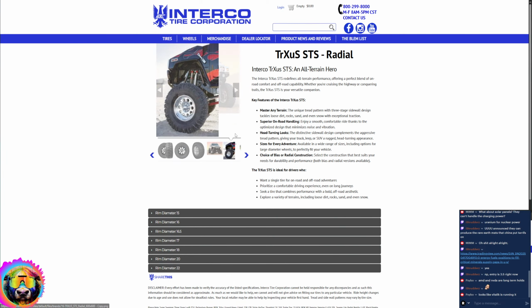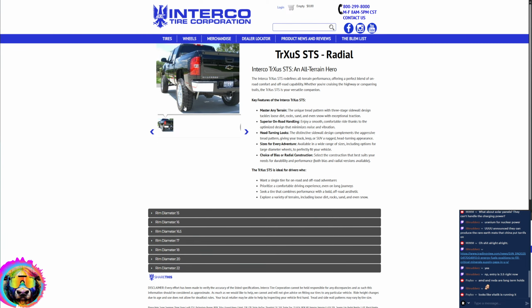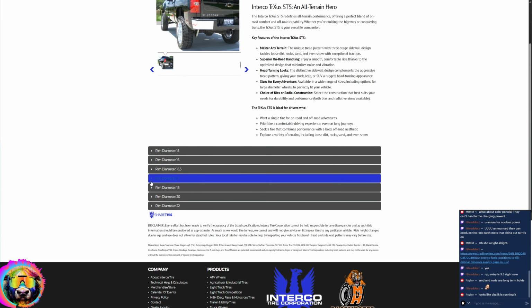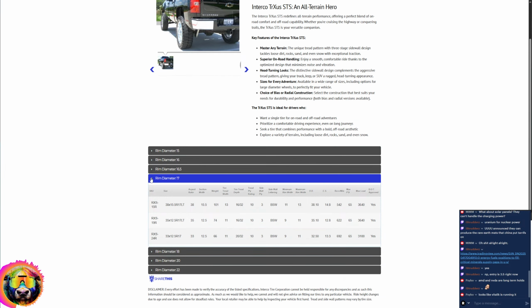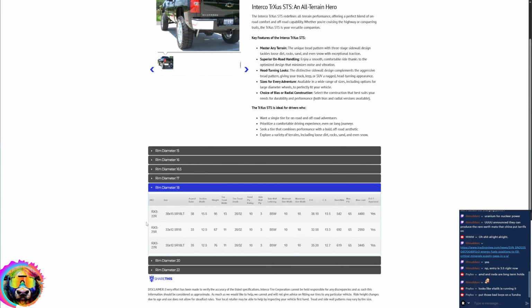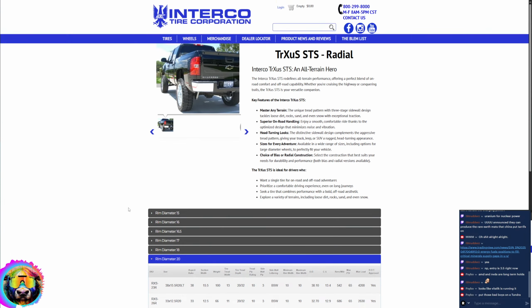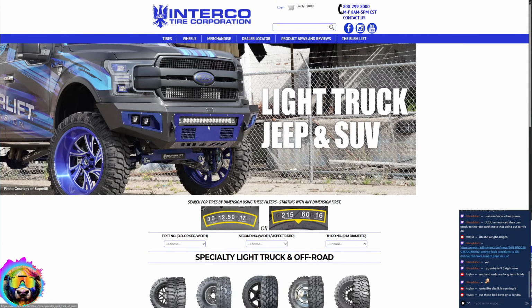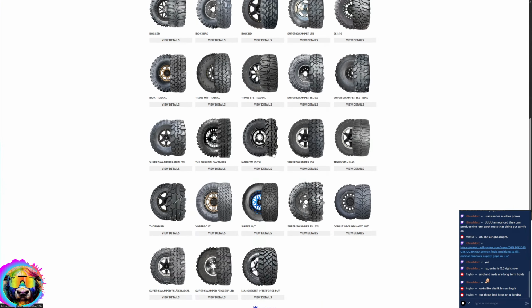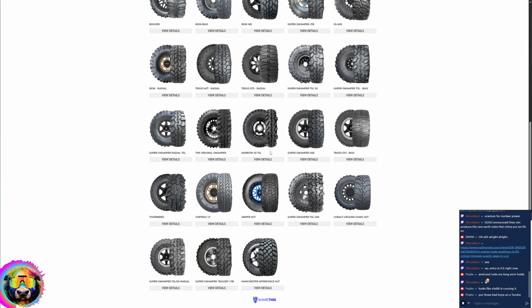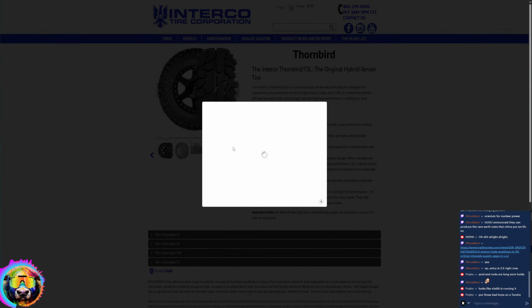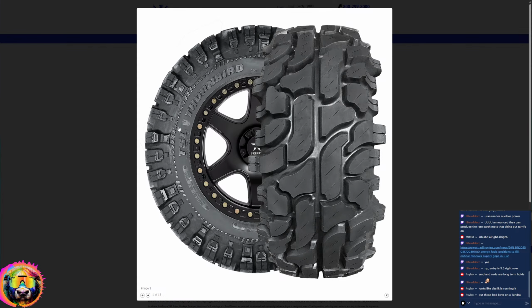They're not too loud, but man, you never see people using these things anymore. I guess you could argue that's not as good looking as the new Toyos or the Nittos, but 33s, 38s. My truck would look ridiculous on 38s. What's the 20s going to give us? On 20s you can get 40-inch tires. That's awesome. Do they still make the super? Yeah. So these are the old school Super Swampers. Dirt Hogs as well. I always wanted these when I was growing up, Thornbirds. I heard they're just god awful and loud. I always thought they were cool.